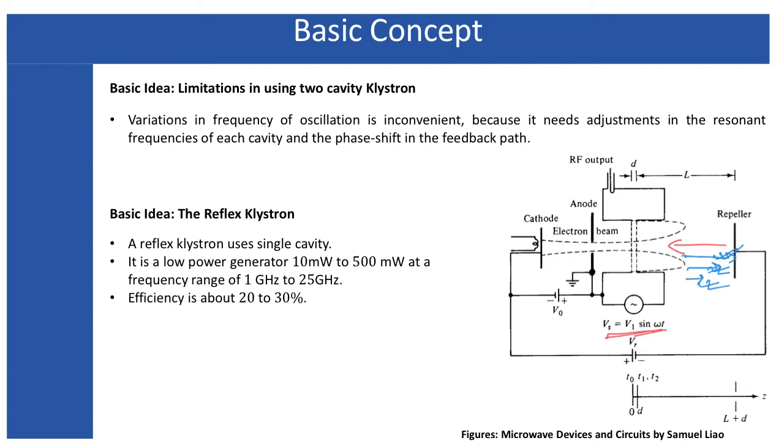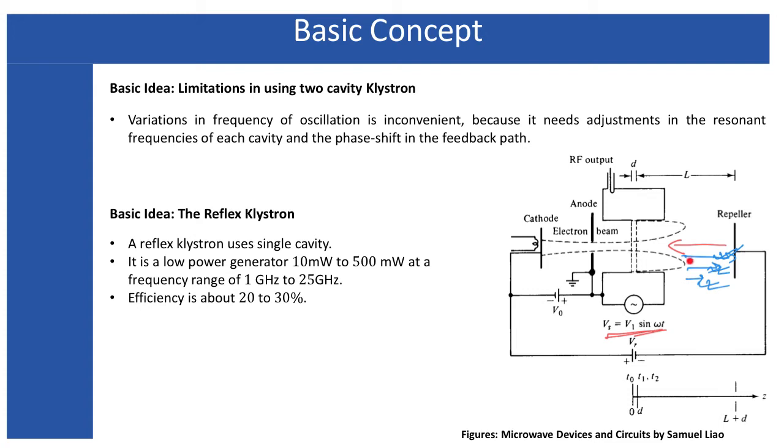During this path, starting from this cavity, when they leave the cavity, approach the repeller and are repelled back towards the cavity again, the electrons get bunched, due to velocity modulation and the difference in repelling time.